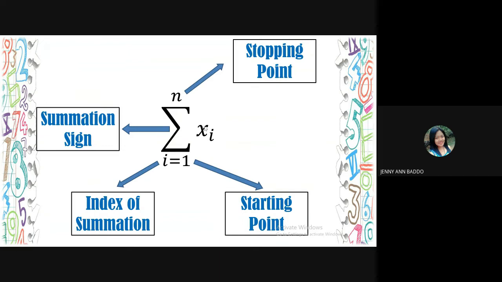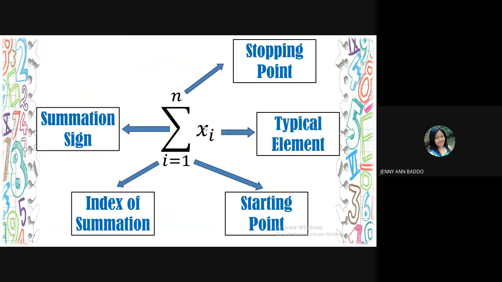And to the right of the summation symbol is this x sub i, which is the typical element of the sequence being added. So this represents what we're going to add, and this represents where we will start and where we will end.